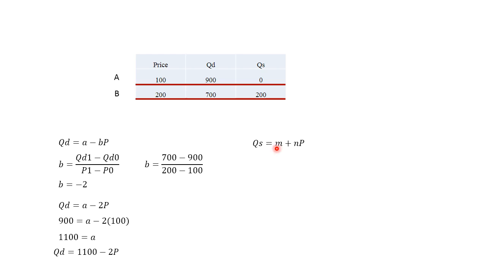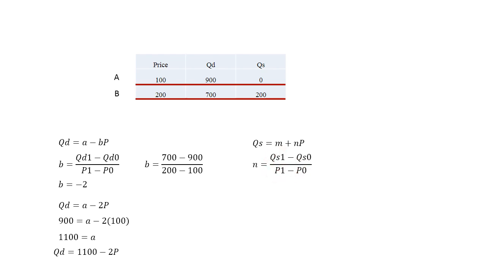The formula to get the supply function is QS is equal to M plus NP. The first step is to get N first. The formula to get N is QS1 minus QS0 divided by P1 minus P0.